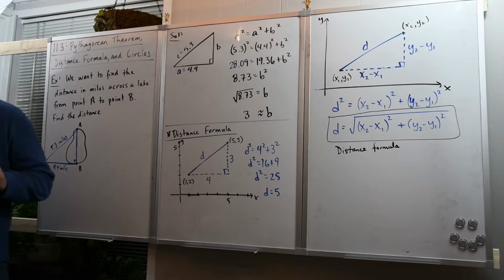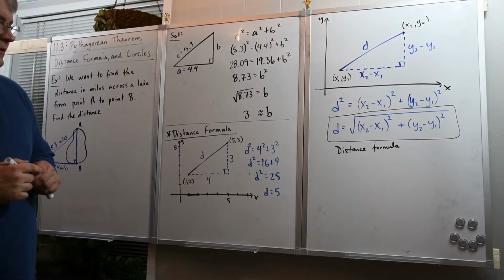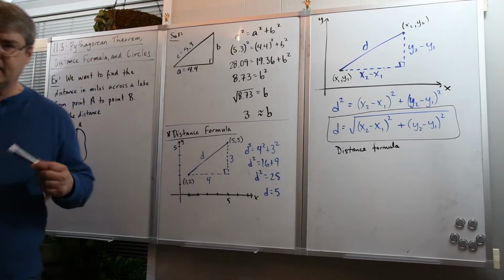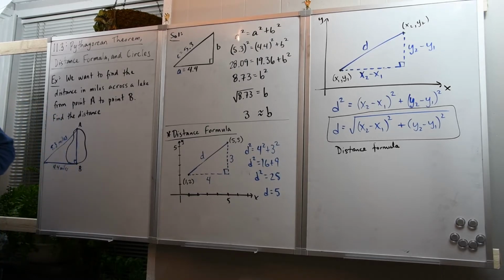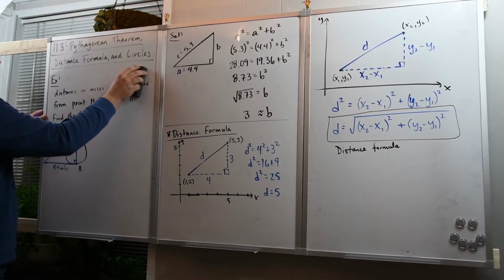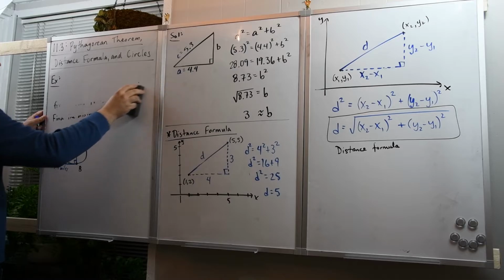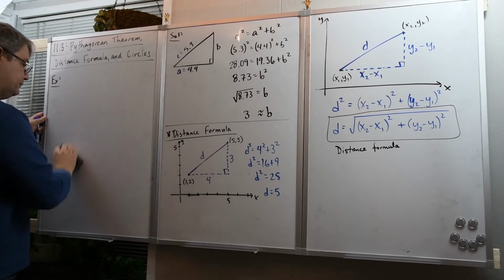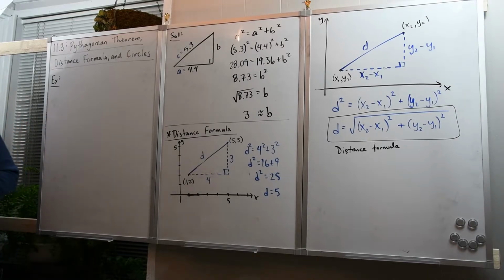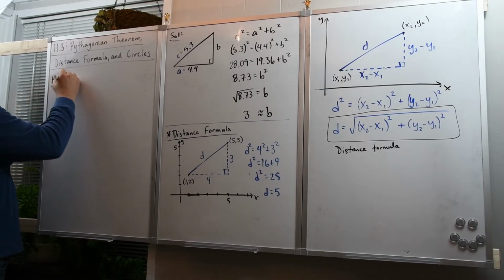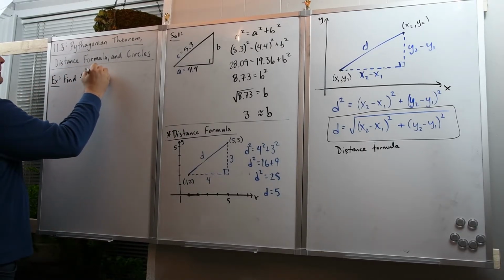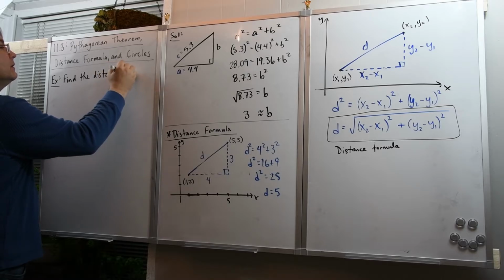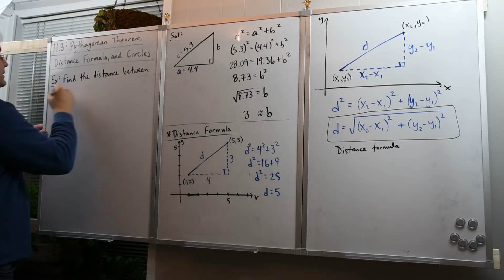So we can take a look at a certain type of example where we're trying to find the distance between two given points. And that'll be the example that I do next. So let's find the distance between the points.